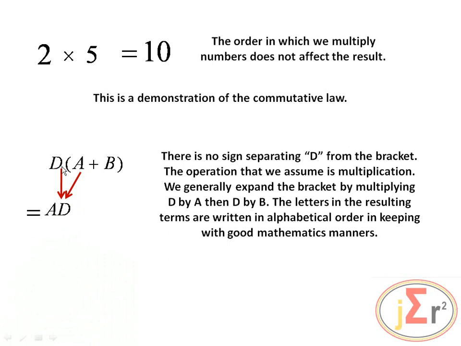So we have D multiplied by A. It is the same thing as DA, but let us put the letters in alphabetical order. So D multiplied by A is DA, but putting them in alphabetical order, we have AD, then we have D multiplied by B, alphabetical order again, we have BD.